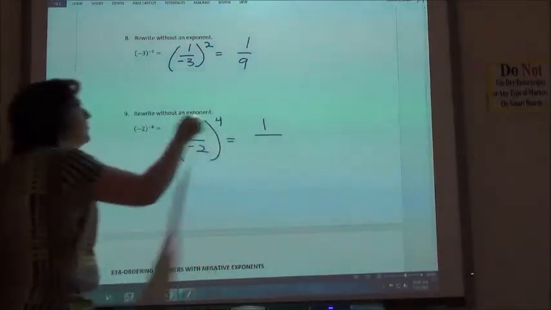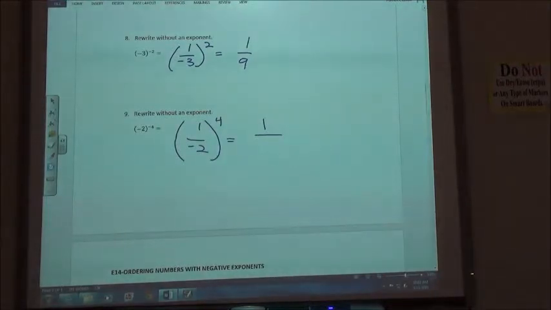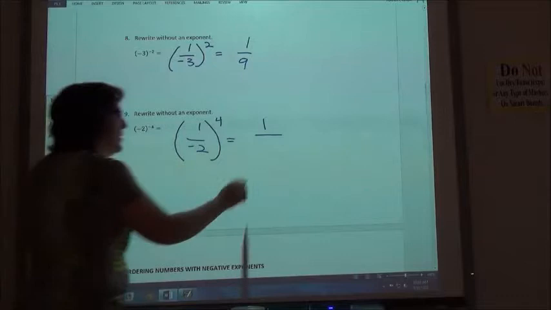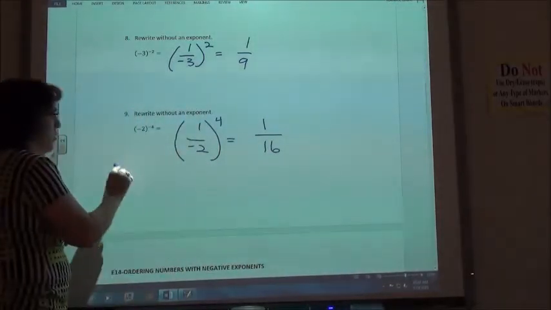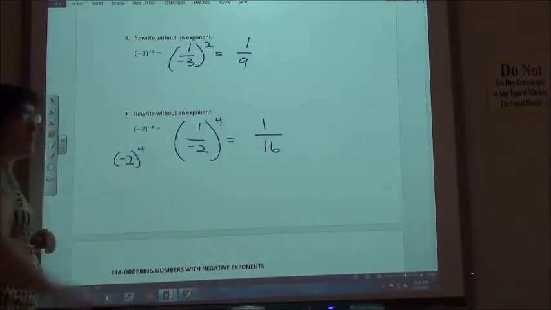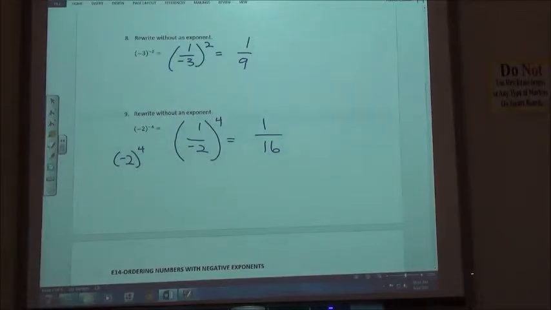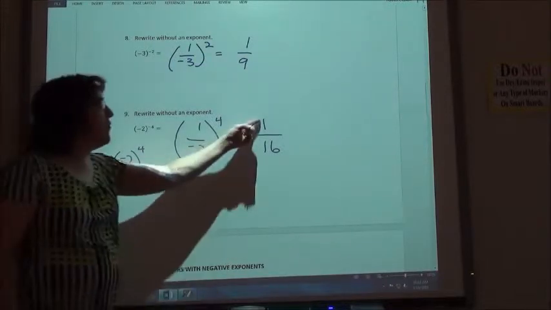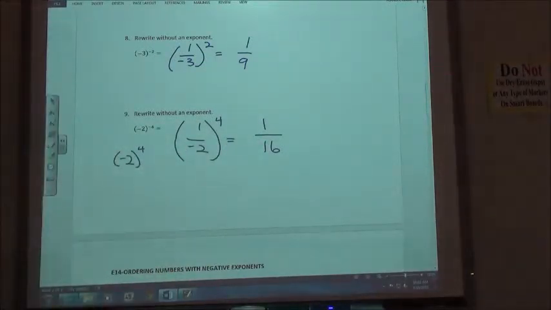Now if I do negative 2 to the 4th power, what's my sign going to be? Positive. It's going to be positive 16. So if you're using your calculator, make sure you put the parentheses around there so you get the right sign on your answer. But if my exponent is even, it should be positive because I'm going to have 4 negative signs. So I get 1 over positive 16, 1/16.